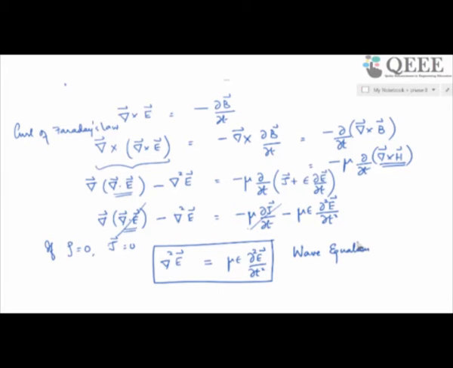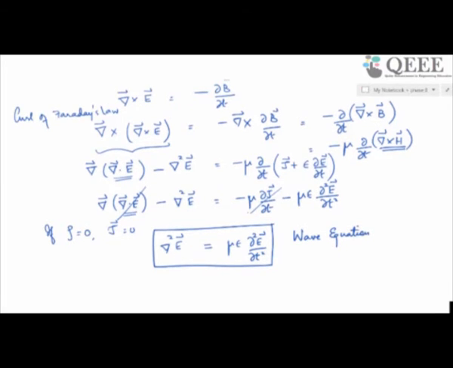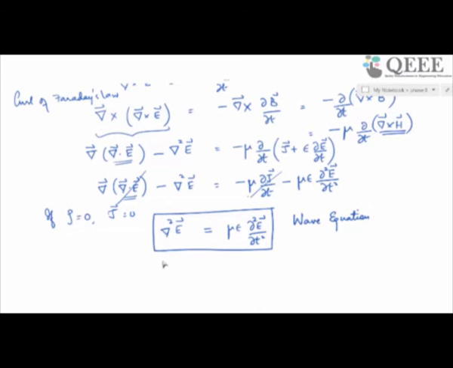Now, it is called a wave equation because the expansion of del square is del square by del x square of E plus del square E by del y square plus del square E by del z square equal to mu epsilon del square E by del t square.